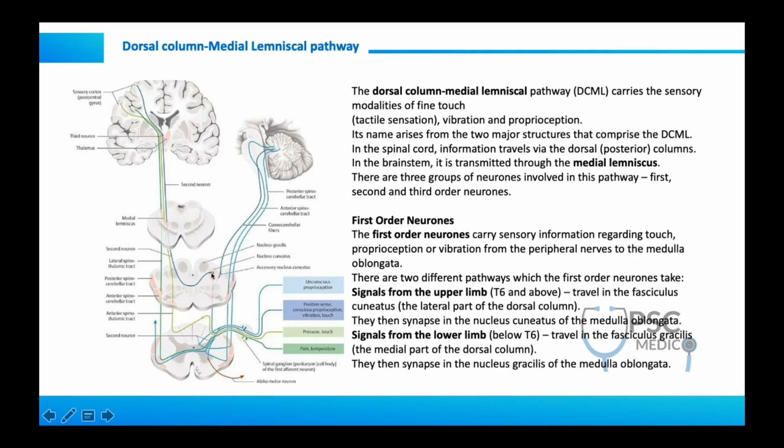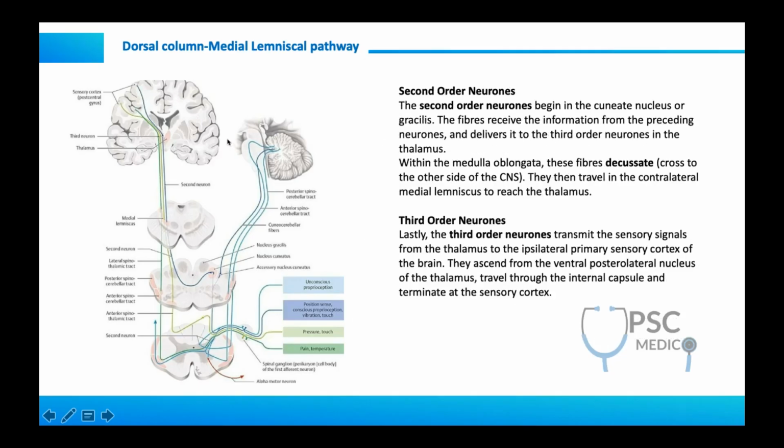From here second order neurons cross in the medulla oblongata, travel through the medial lemniscus, and relay in the posterolateral nucleus of the thalamus. From there the third order neurons go to the ipsilateral sensory cortex. So this is what you need to know about the dorsal column medial lemniscus pathway.